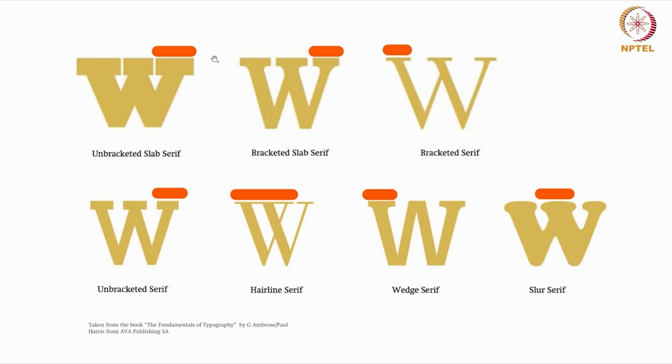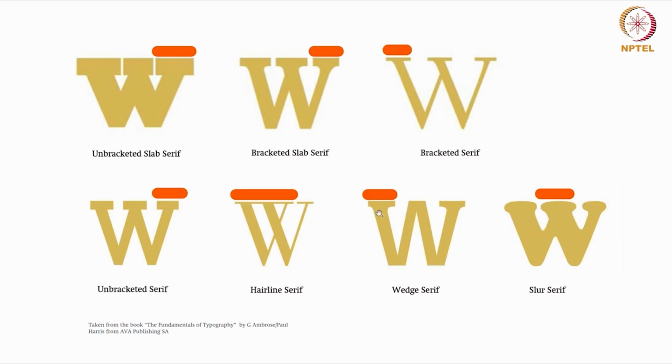Similarly, this is bracketed slab serif, where you will find the curve which I explained in the earlier slide, and this has become thin. This is bracketed serif. This is unbracketed serif, right? So you don't see any bracket. This is hairline serif. So the attachment is in the form of a hairline.